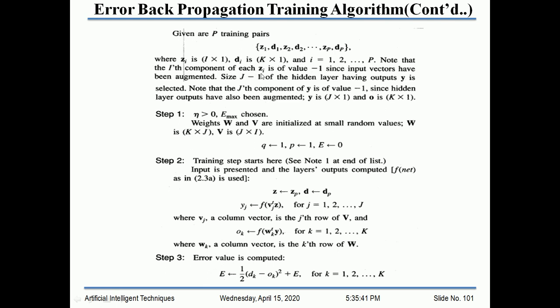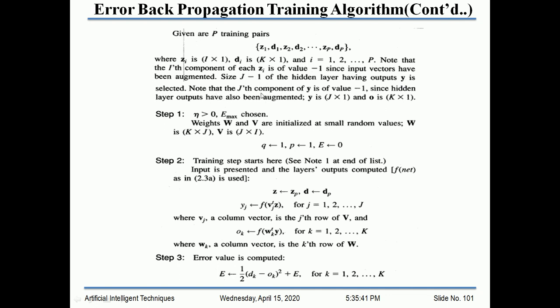Note that the ith component of each Zi is of value minus 1. I told you, no? The input vectors have been augmented. J minus 1 is the size of the hidden layer having outputs y.